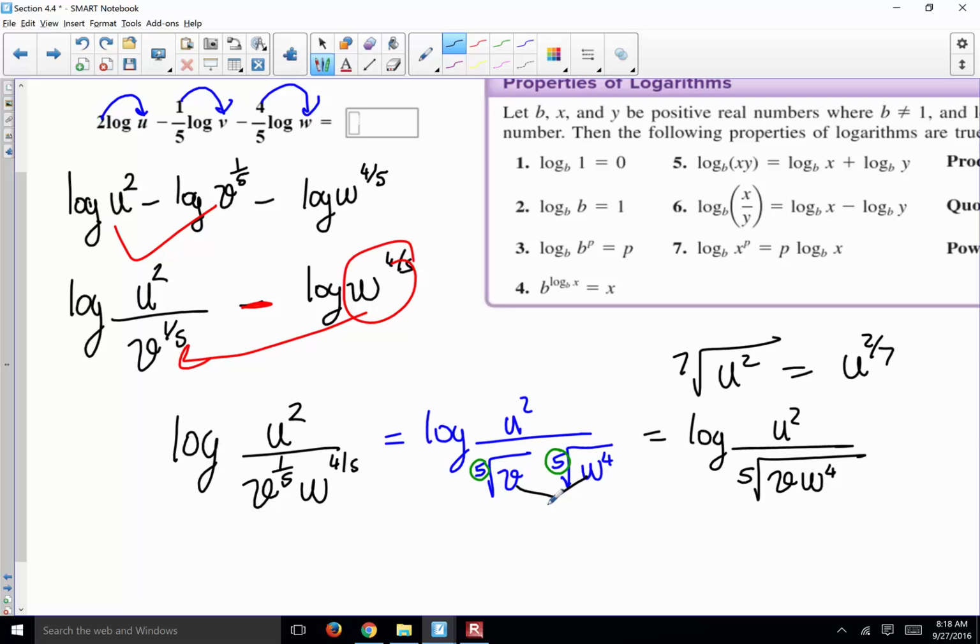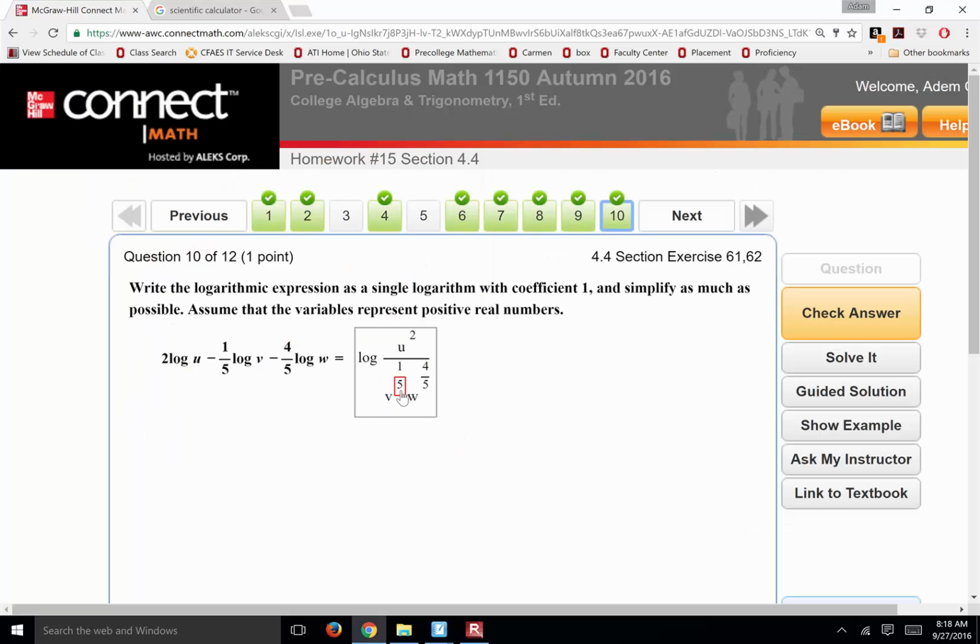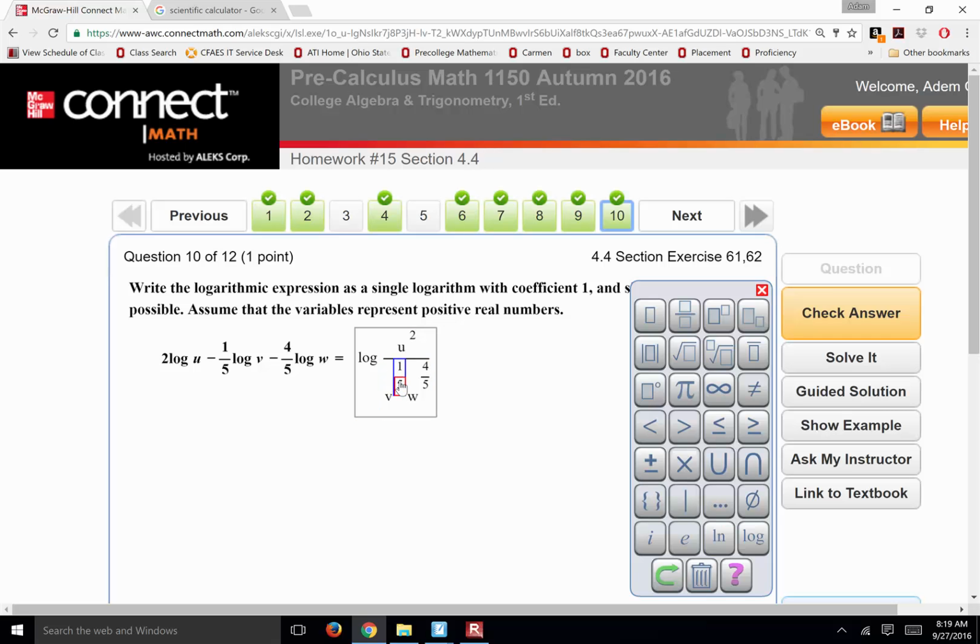So these two can be combined as this, under the same roof. Okay? You can test if this is accepted in here or not. Yeah, you can make any kind of radicals.